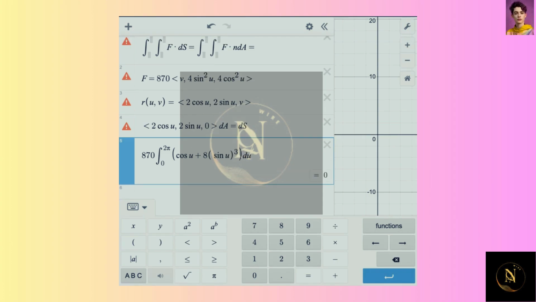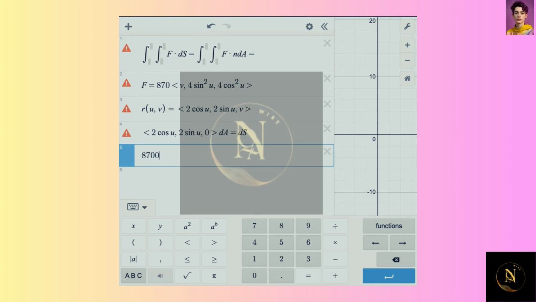We see that we end up getting 0. We can confirm this by recognizing that this integral right here is going to be 0, so this will be 870 times 0. We get 0 as the net rate of outflow of the fluid.